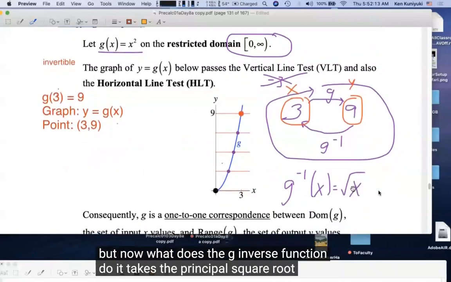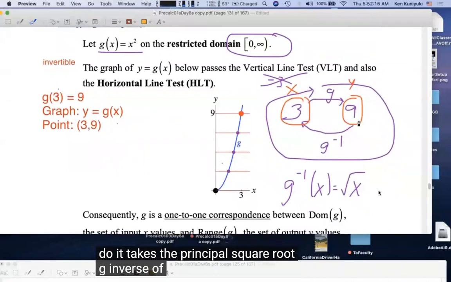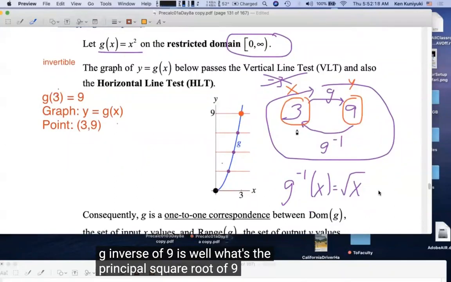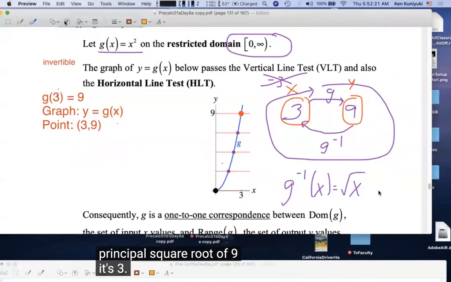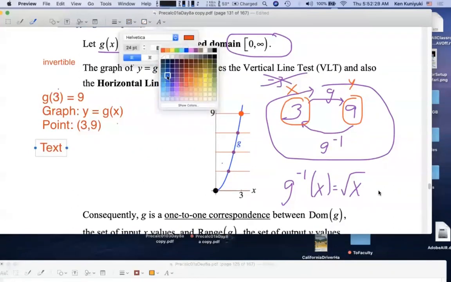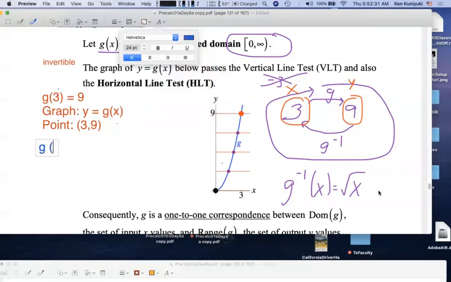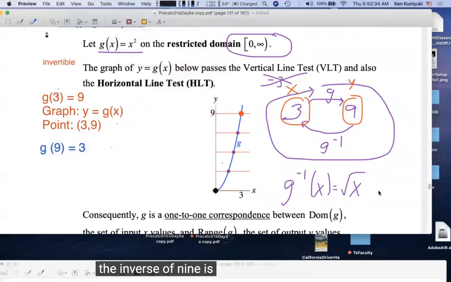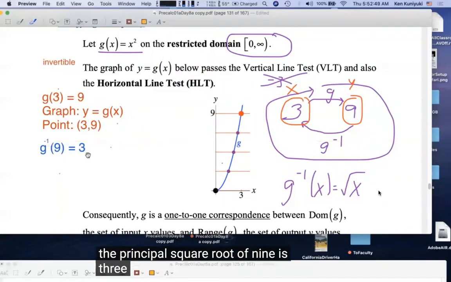It takes the principal square root. G inverse of 9 is, well, what's the principal square root of 9? It's 3. Do this in blue. G inverse of 9 is 3. The principal square root of 9 is 3.